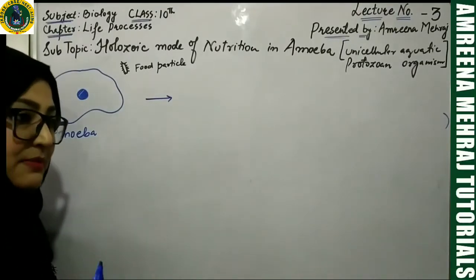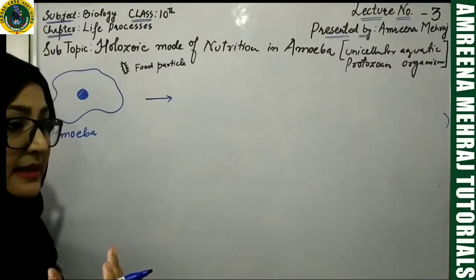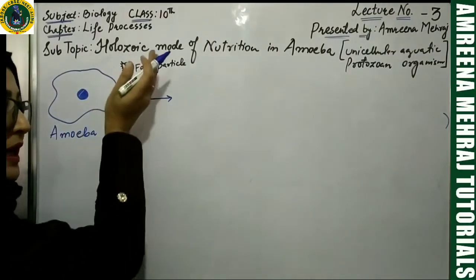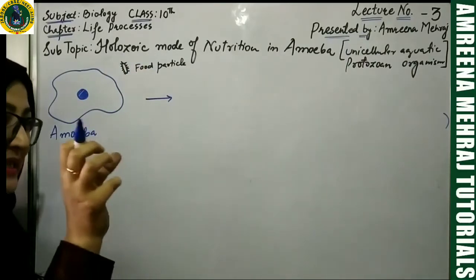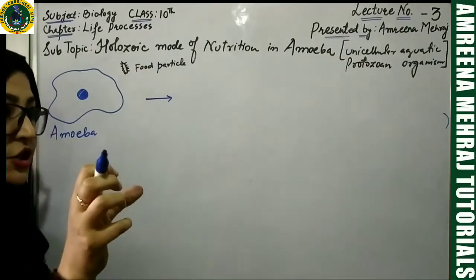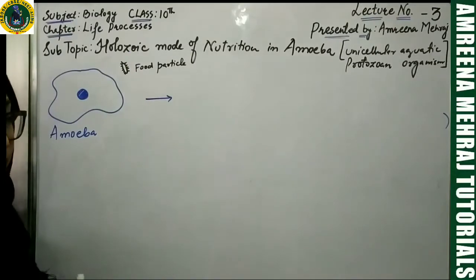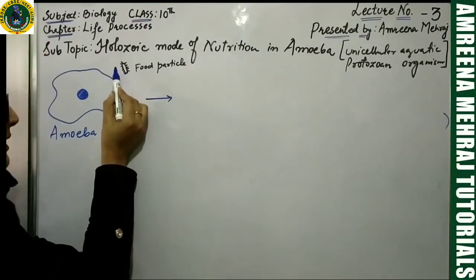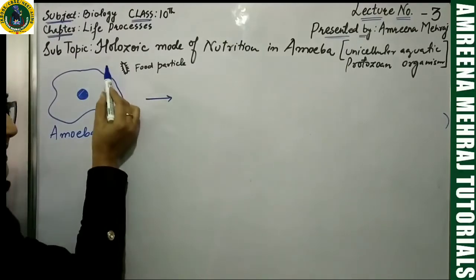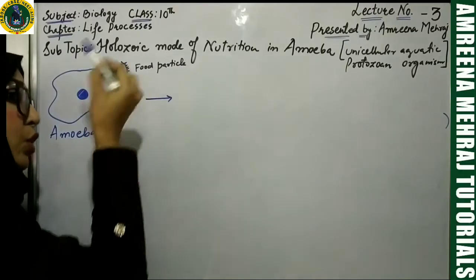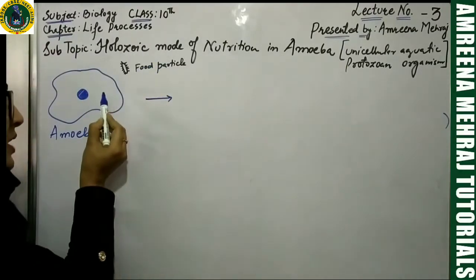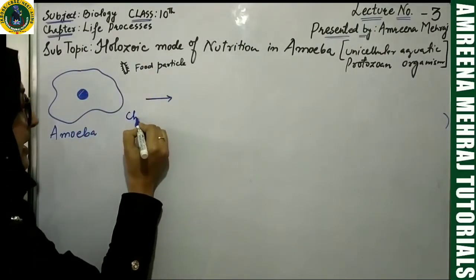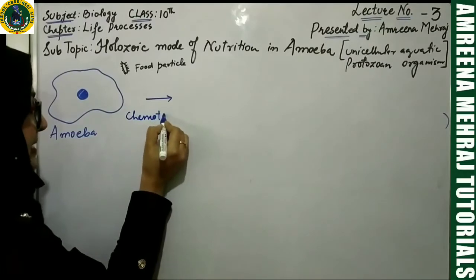Almighty Allah has kept the mechanism of chemotaxis, whereby this organism basically starts moving towards the food particle by sensing certain chemical secretions which are produced by the food particle itself. So certain chemicals will be released by the food particle which will diffuse into the vicinity, and amoeba will sense those chemical stimulus and it will migrate towards the food particle. That process is called chemotaxis.